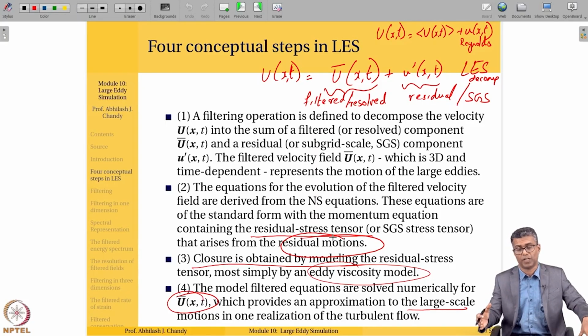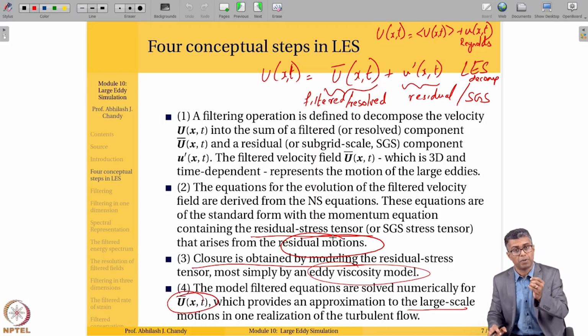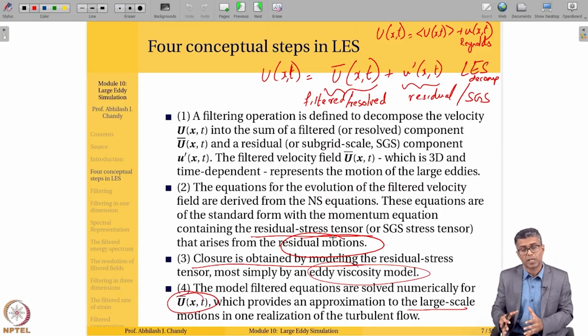You need an approximation for that. That is where the subgrid scale model comes in, an eddy viscosity type model, for example the Smagorinsky model as discussed earlier. Using the Smagorinsky model or any eddy viscosity model or any other subgrid scale model, you can close the residual stress tensor and solve the Navier-Stokes equations.